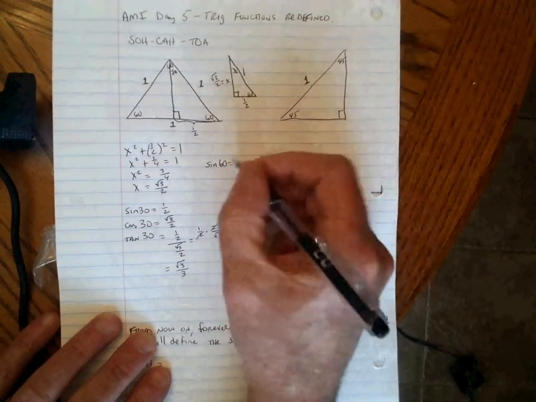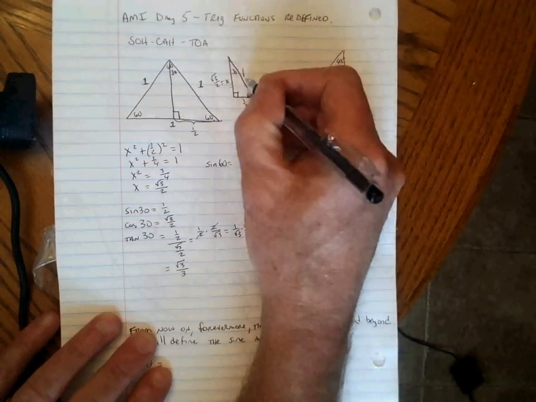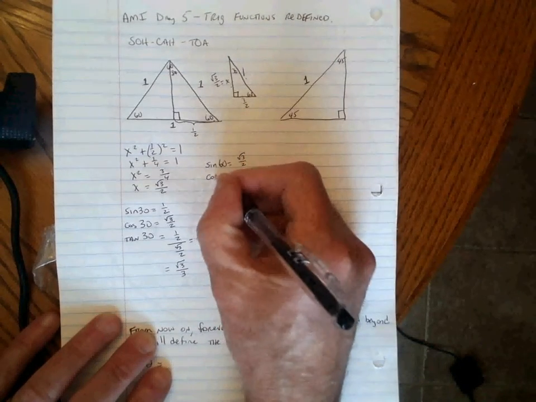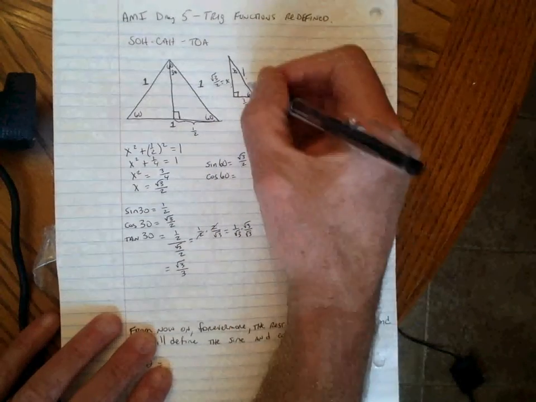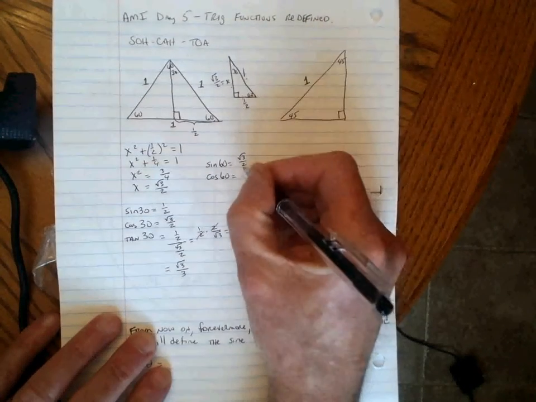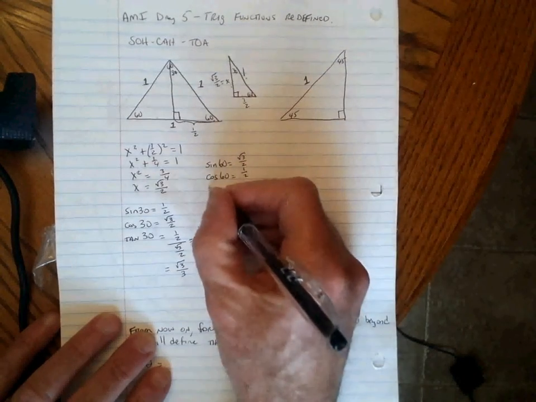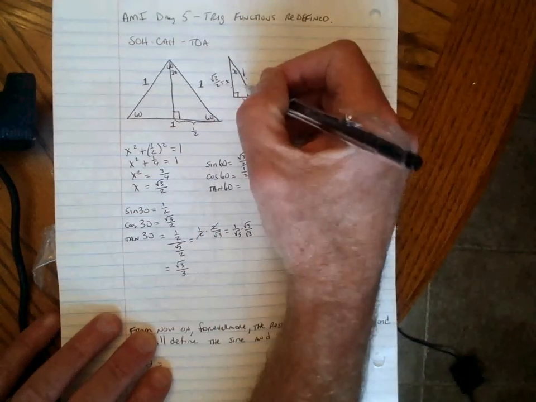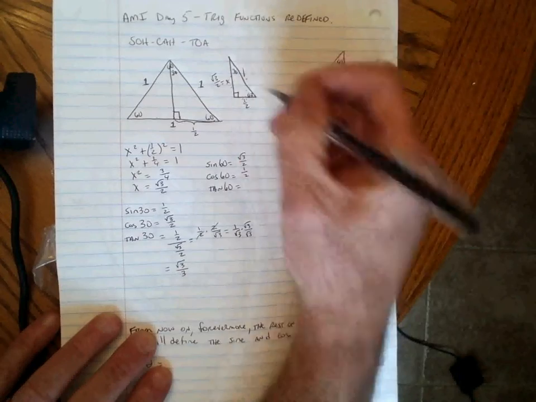Sine of 60 is square root of 3 over 2 over 1. Cosine 60 is 1/2 over 1. And the tangent of 60 is the square root of 3 over 2 divided by 1/2.